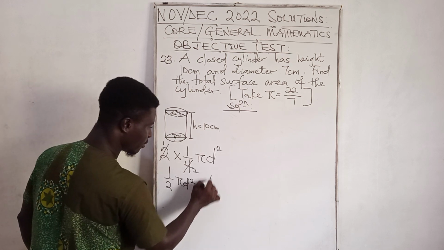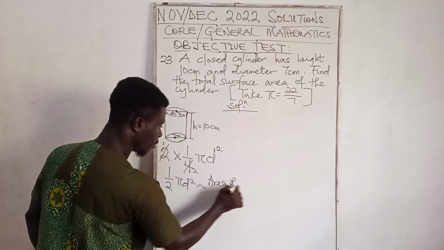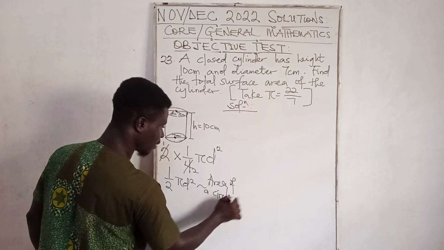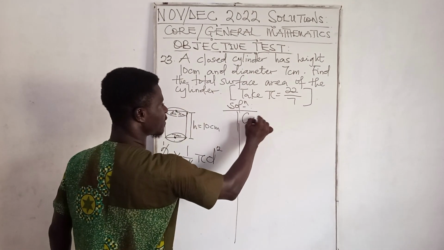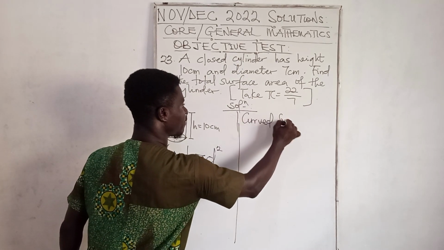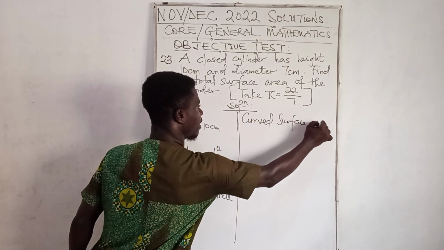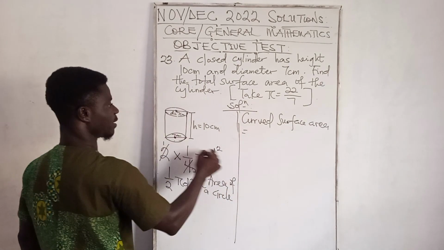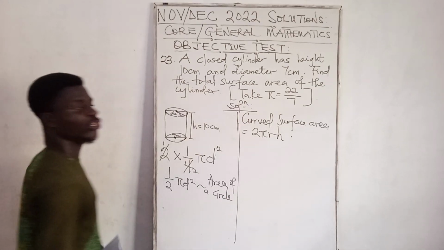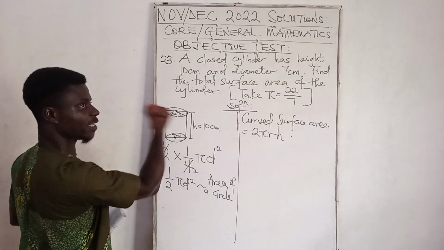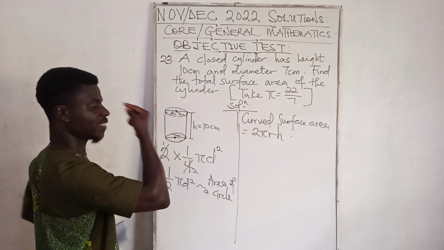That's my area of the circles. Then I have to get my curved surface area. What's my curved surface area? It is 2 pi r times h, the circumference times the height.